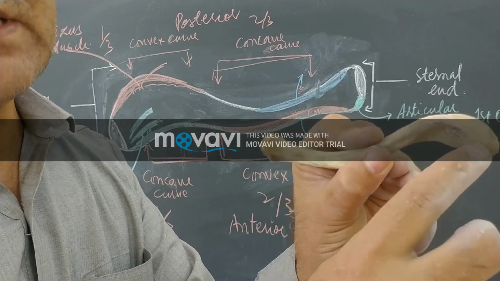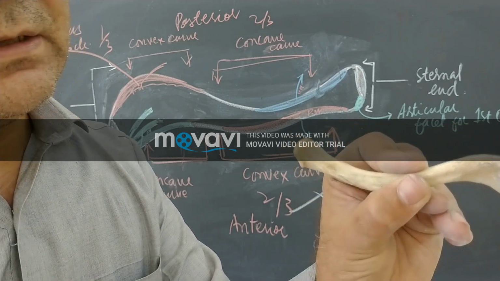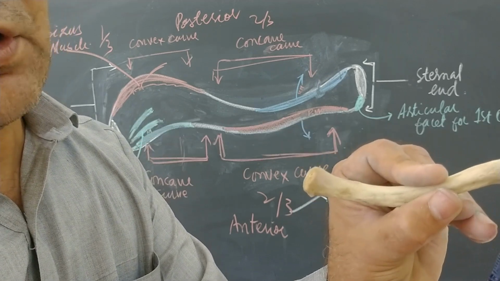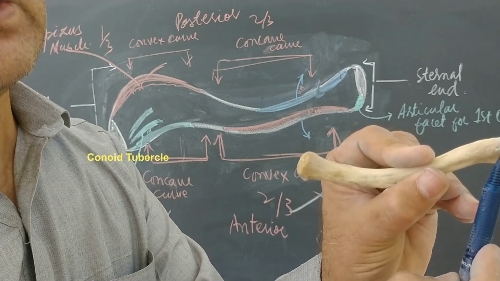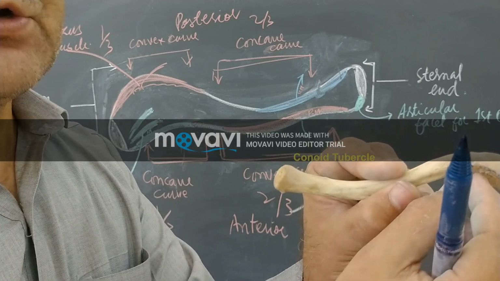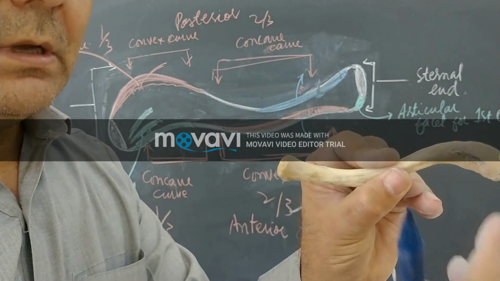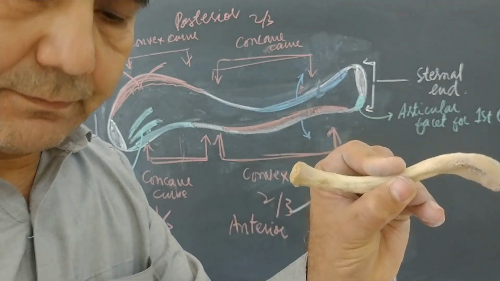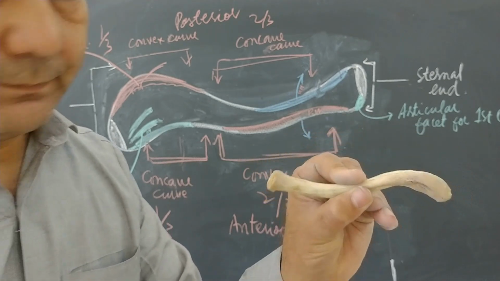Just at the medial side of the trapezoid line there is a tubercle, and this tubercle is called the conoid tubercle. This conoid tubercle is for the attachment of the conoid ligament, which will make the coracoclavicular joint.